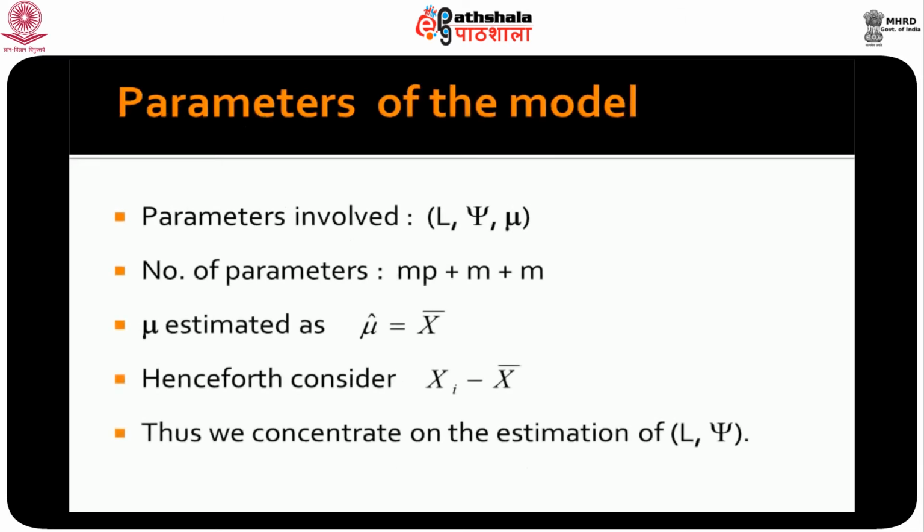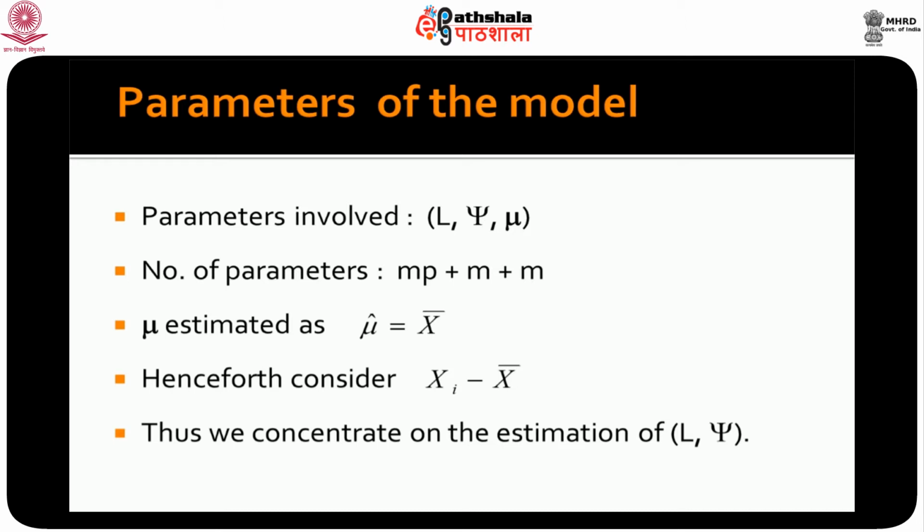Now, when we look at estimation for this problem, what would we be looking at? Primarily, the model has the parameters in L and in the psi matrix. So, there are m into p parameters in L plus the diagonal elements of the psi matrix, which is m. So, there would be mp plus m parameters that we need to estimate, plus the mu, that is the mean of the process.